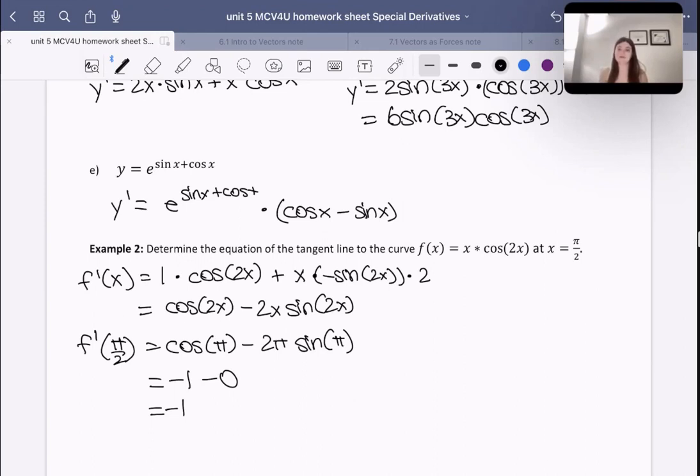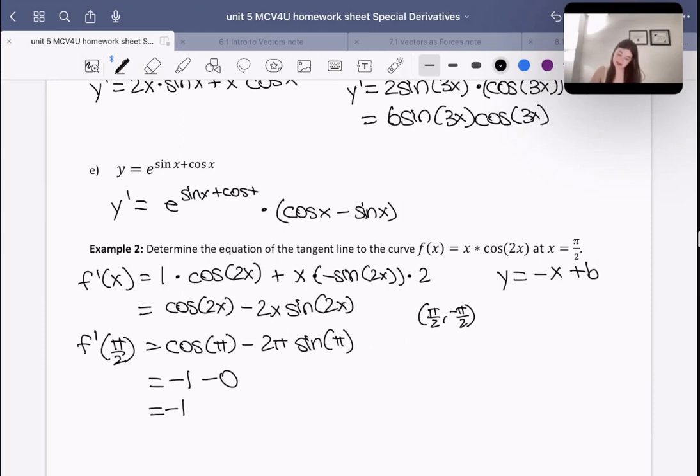All right. So now we know that y is equal to mx plus b, and m is negative 1, so negative x plus b. Now we need to find one point on the graph, and we already know that a point on the graph is going to be pi over 2, negative pi over 2, right?